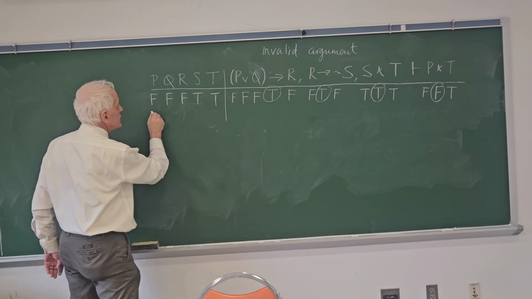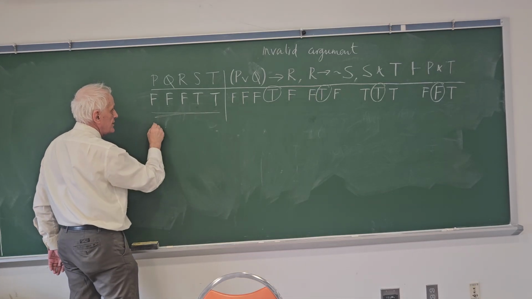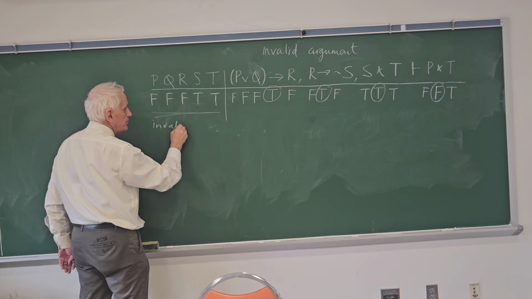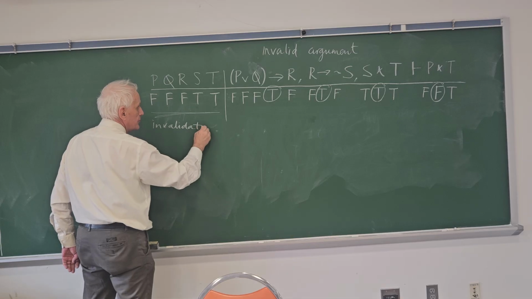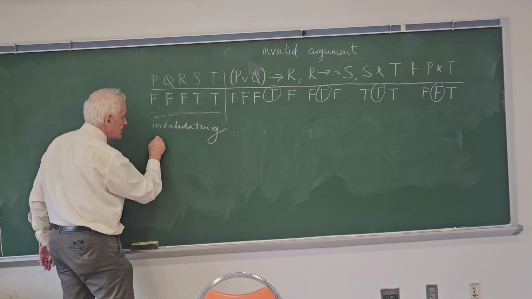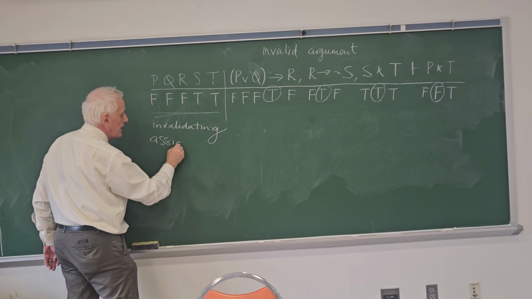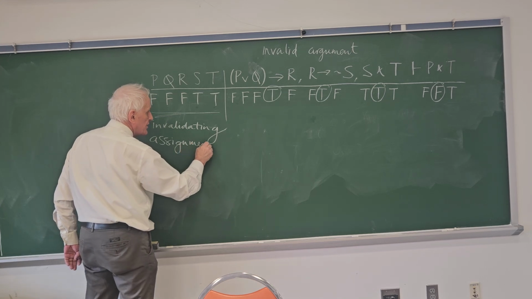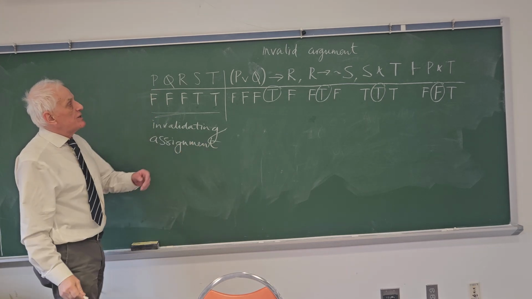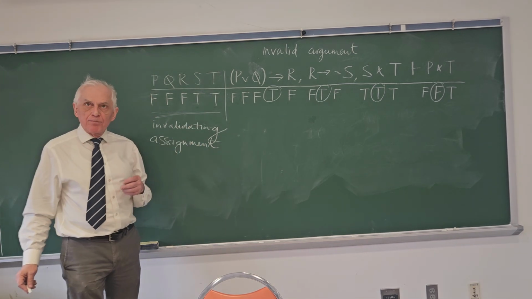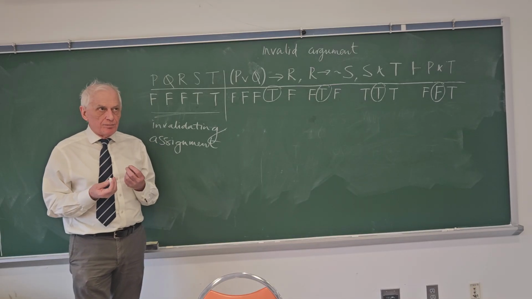And this assignment of truth values is an invalidating assignment. An invalidating assignment of truth values to the atomic sentences produces all true premises and a false conclusion.